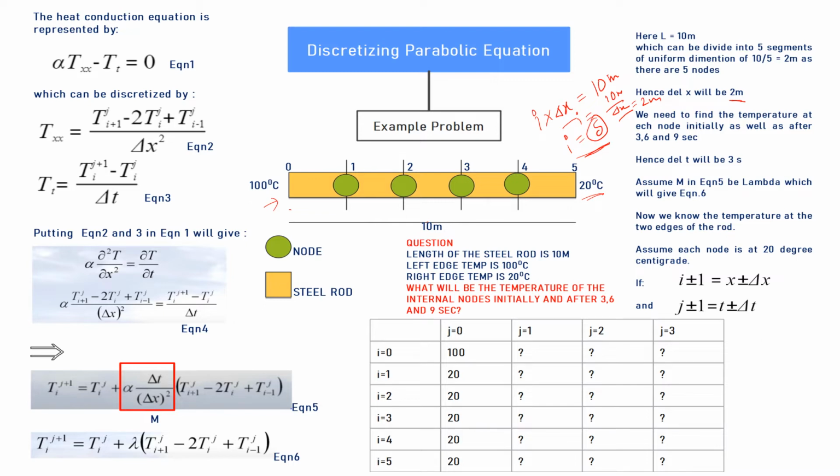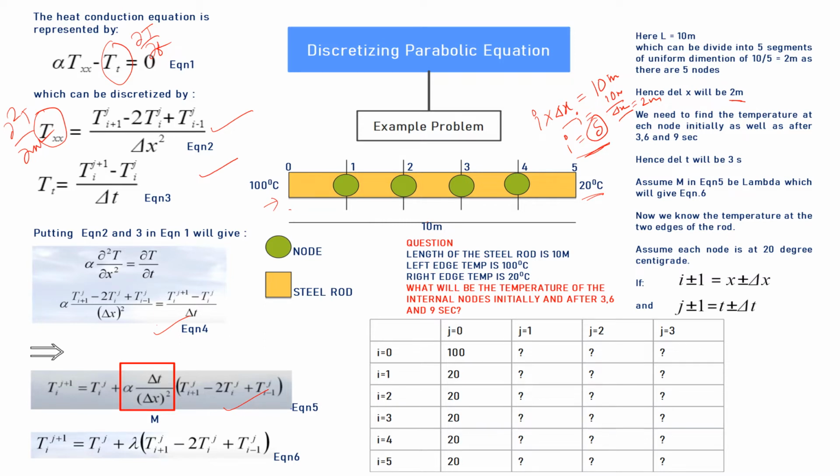In brief, the entire thing that I have already discussed is written here, so you can go through it again. This T_xx is nothing but del square T by del x square, and this T_t is nothing but del T by del t. Here they have discretized and put it into this equation. After that, this is the resultant, and ultimately the final equation comes like this.